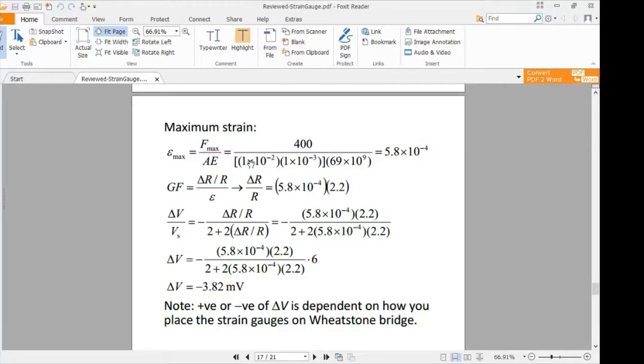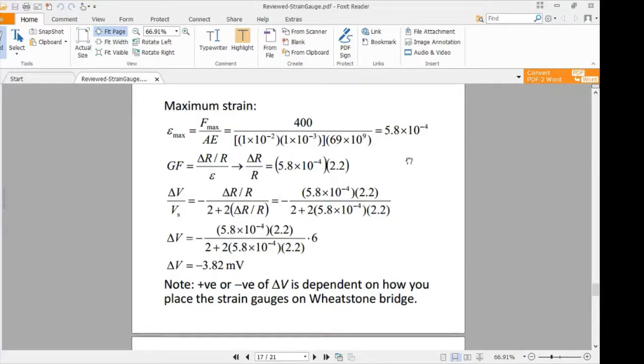For the cross-sectional area, we have a 1 centimeter width and a 1 mm thickness. Young's modulus is 69 gigapascal. So the maximum strain experienced by the structure will be 5.8 times 10 to the power of -4.